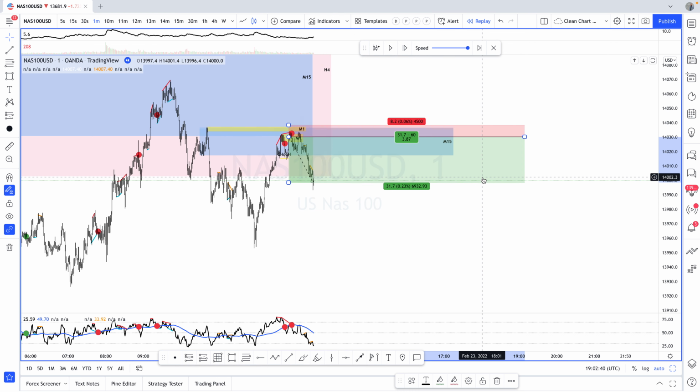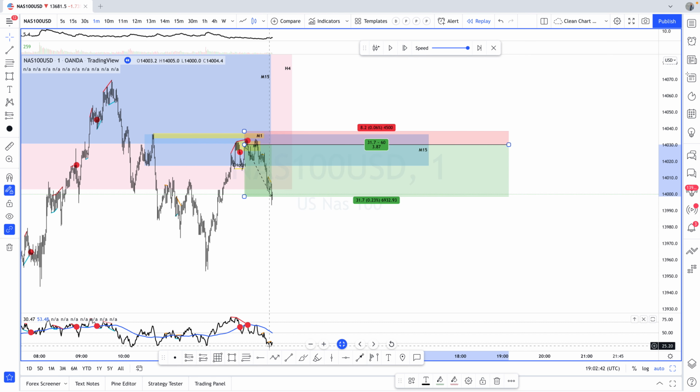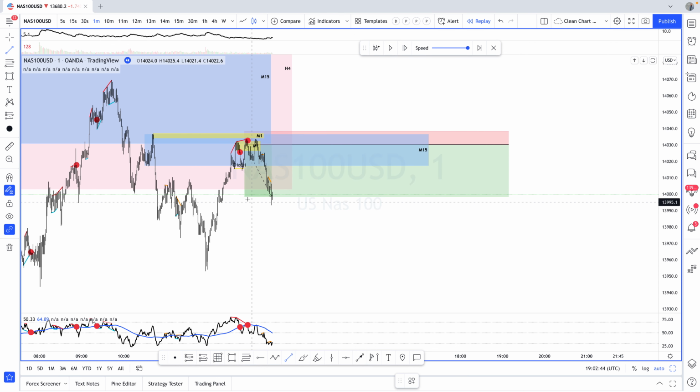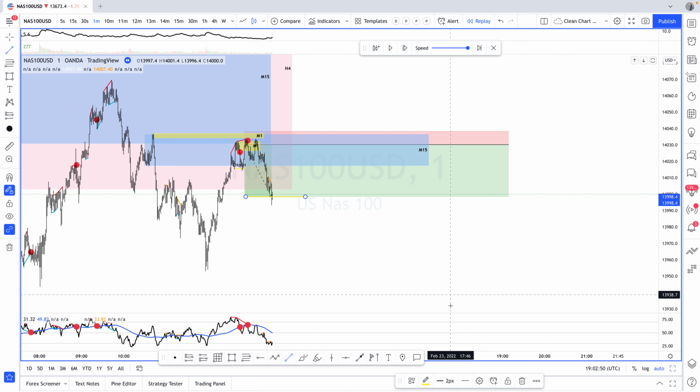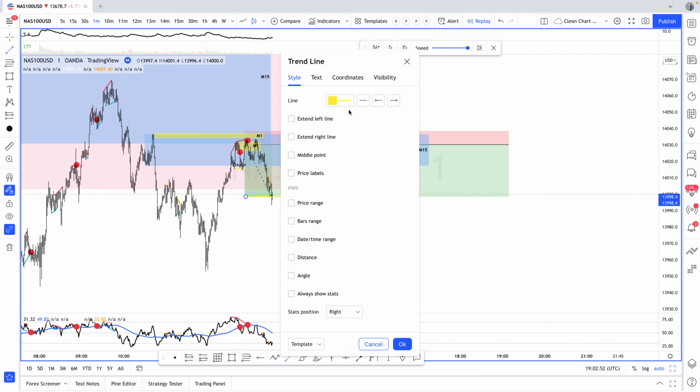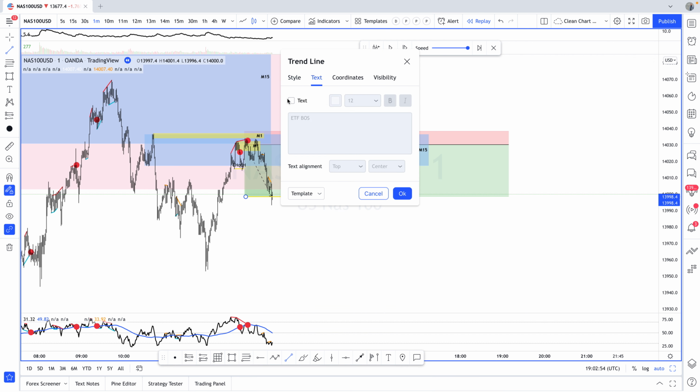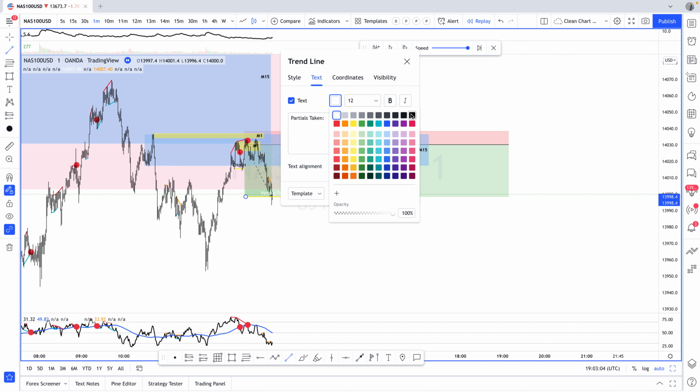All right, perfect. Right here, at this point, we're going to take partials. So at this point, we're going to pay ourselves.